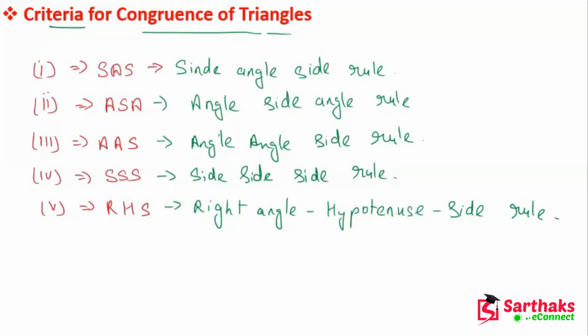So with the help of these rules, we are going to prove that triangles are congruent. Got it, my dear friends? One by one we will see all the rules.